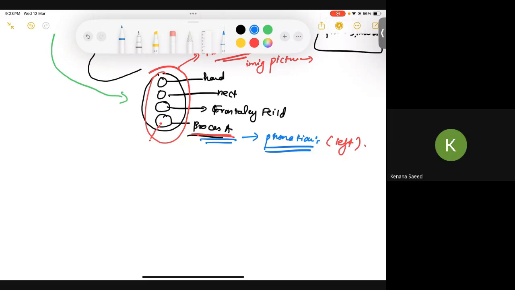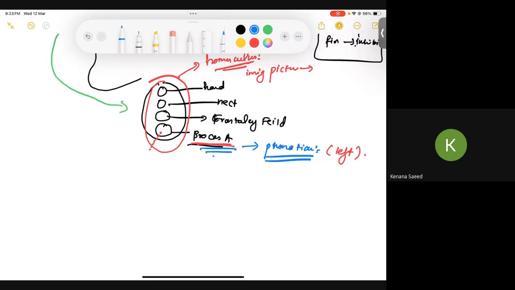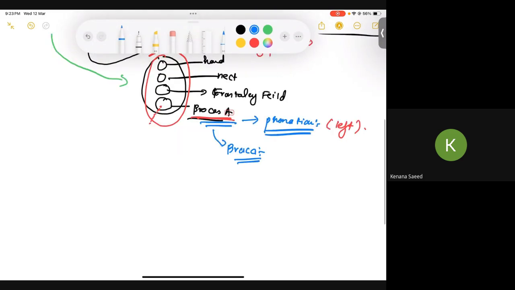Whenever we have damage to Broca's area, what happens? This individual can speak and his words would make sense, but since Broca's area is only responsible for phonation, the words would be broken.